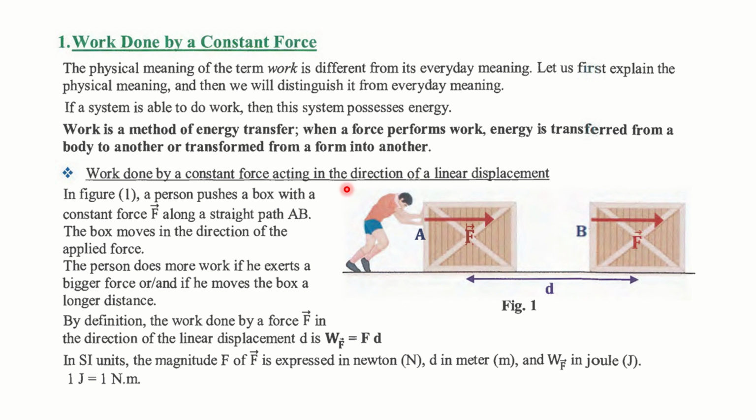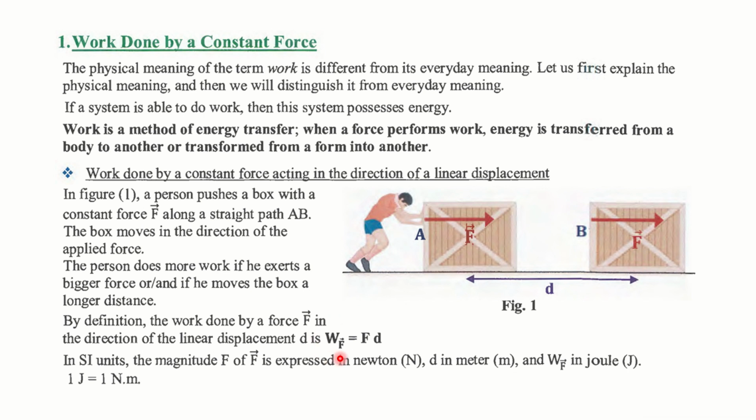another. This example is the same as the first one, but instead of pulling the cart, this man is trying to push a box from point A to point B. As this force is moving the box from A to B, or along a distance d, we can say that this force is exerting work.